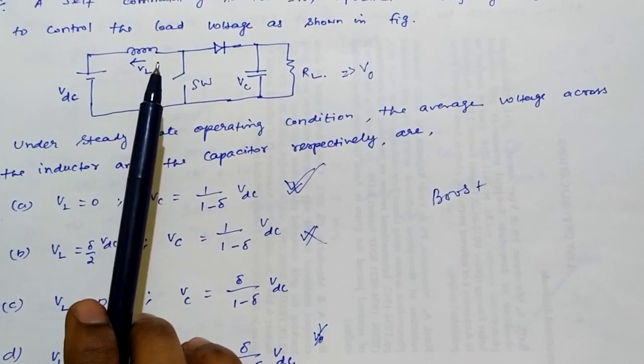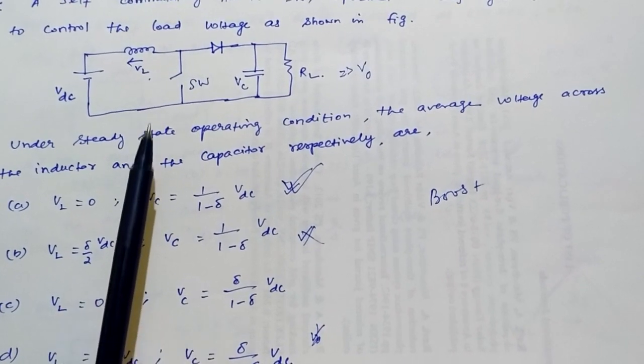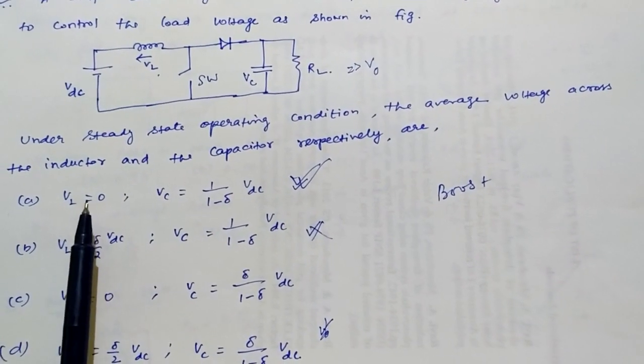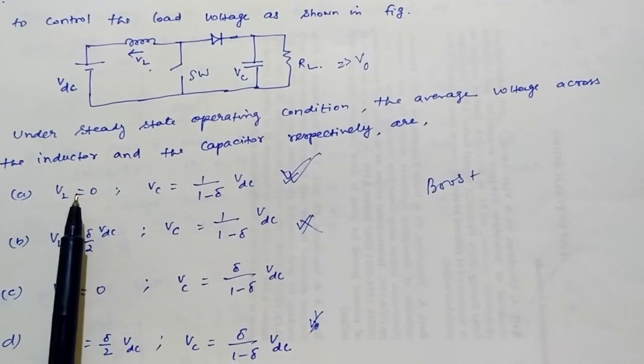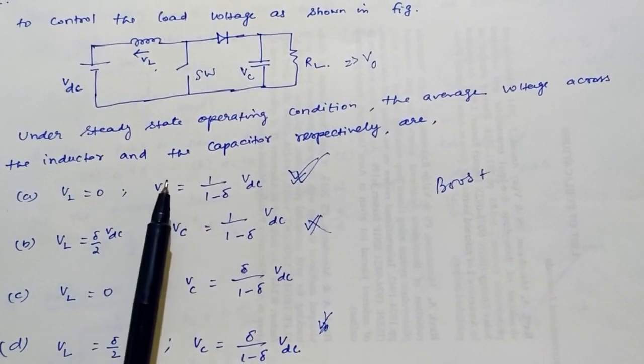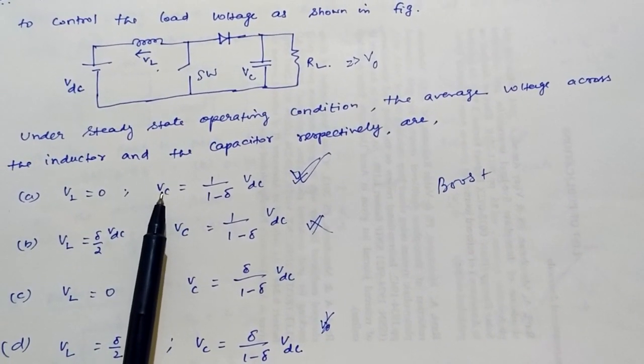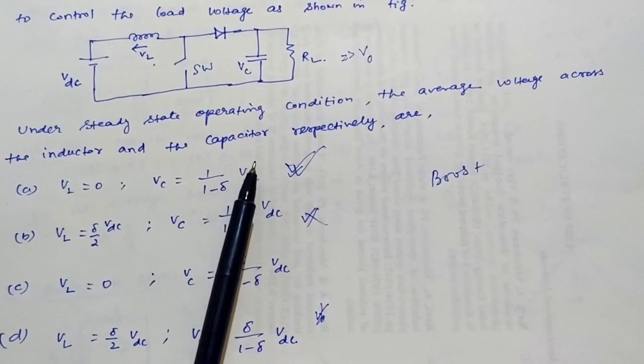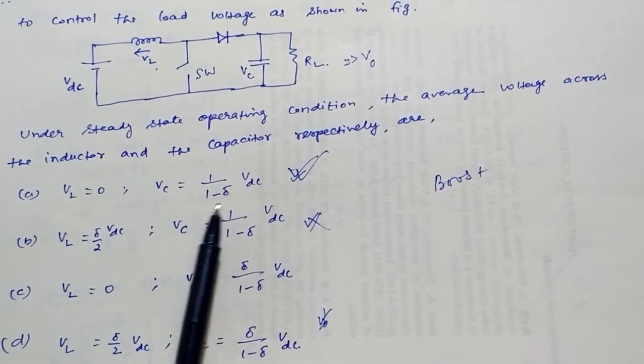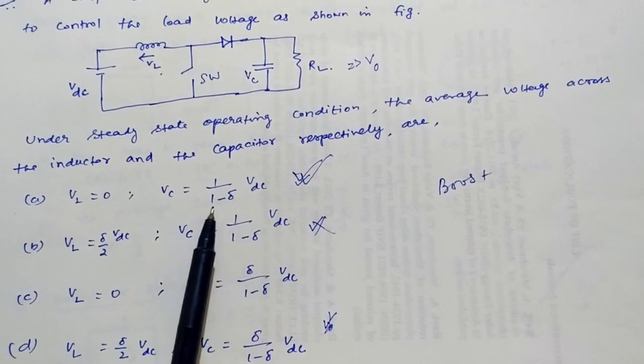When the inductor is acting as a short circuit, the voltage across the inductor is 0. So the answer is A. The voltage across the inductor is 0 and the voltage across the capacitor, of course the output voltage, is equal to input VDC over 1 minus duty ratio delta.